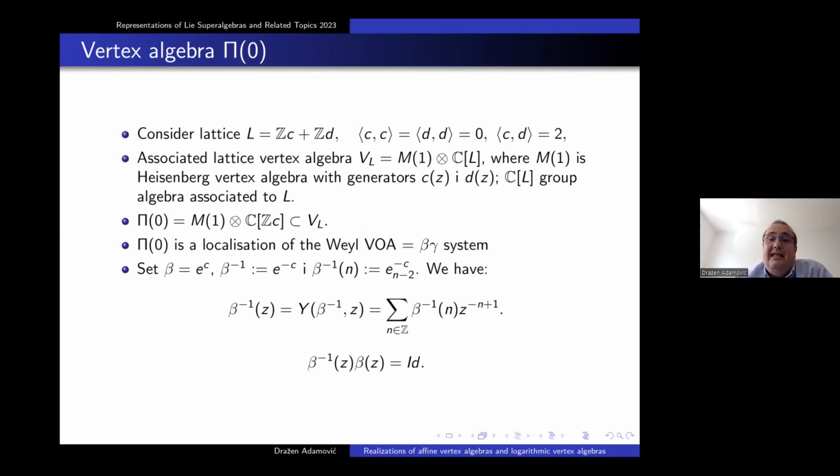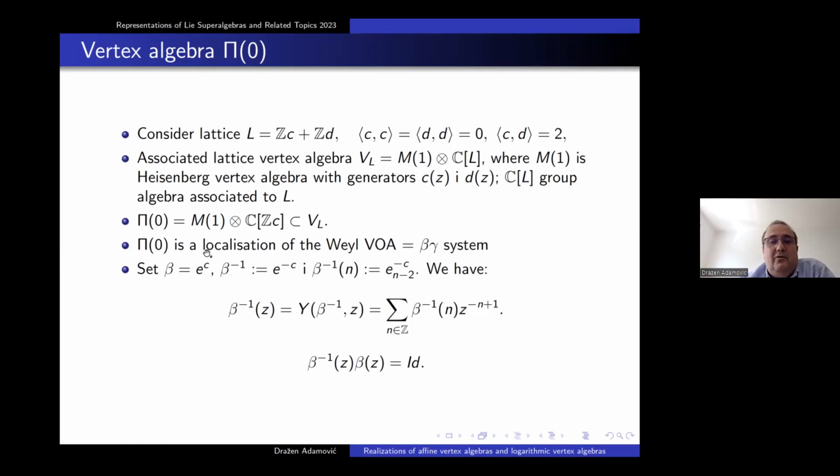And there is another interpretation of this algebra, Pi 0. This is a localization of the Weyl vertex algebra. So the Weyl algebra is a well-defined, nice object in representation theory, and we can localize it. If we choose localization with this element, then we get exactly this Pi 0.